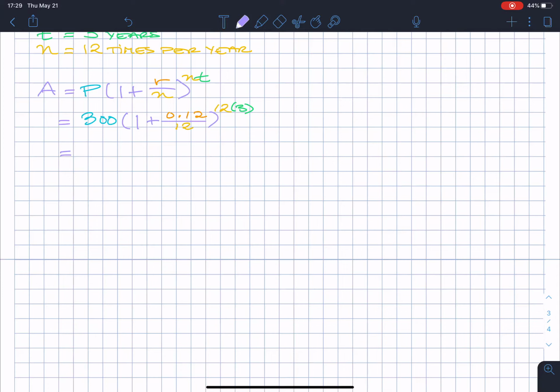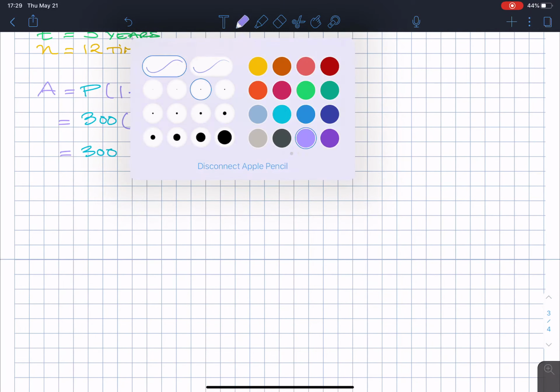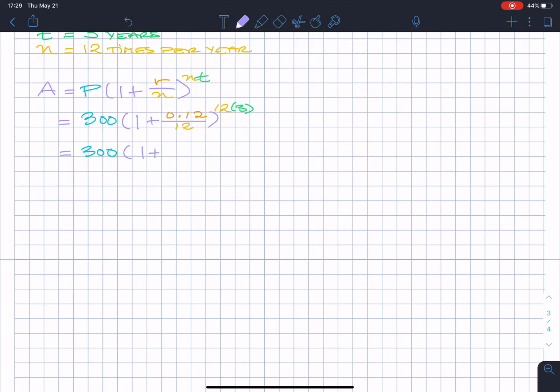Okay, so this is 300 times the quantity 1 plus 0.01, because 12 goes into 0.12 once, but the last digit is two places from the decimal.